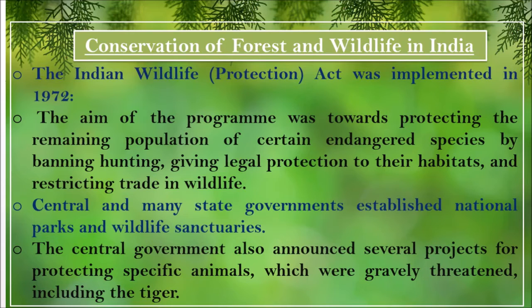Why? Even though they are giving all these bans and legal protection, some people still try to hurt and kill those animals for the sake of making money. So because of this, the central and state governments started establishing national parks and wildlife sanctuaries.